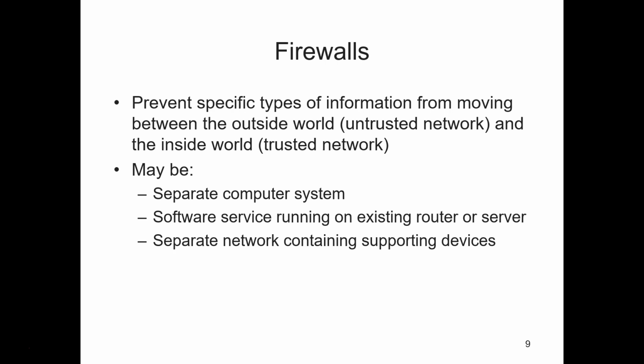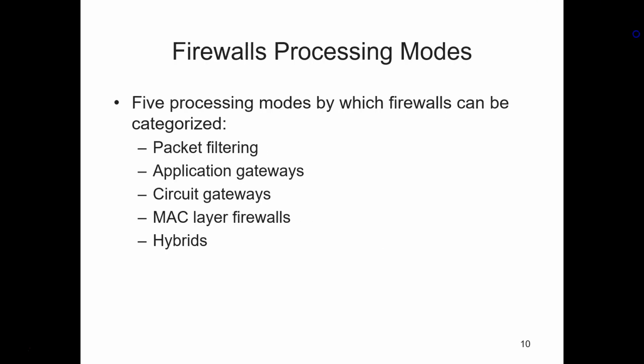The firewall may be a separate computer system, a software service running on an existing router or a server, or a separate network containing a number of supporting devices. And as you can see, the firewall is a mix of hardware and software together to protect the network or the assets.